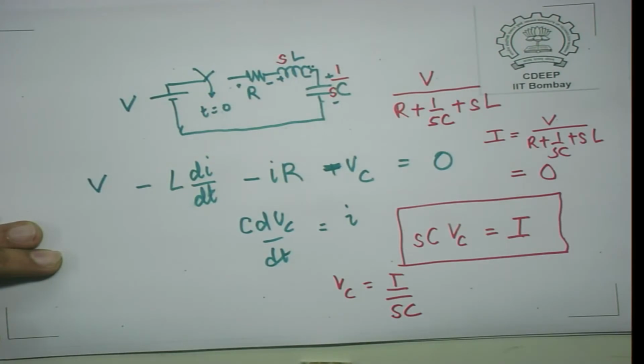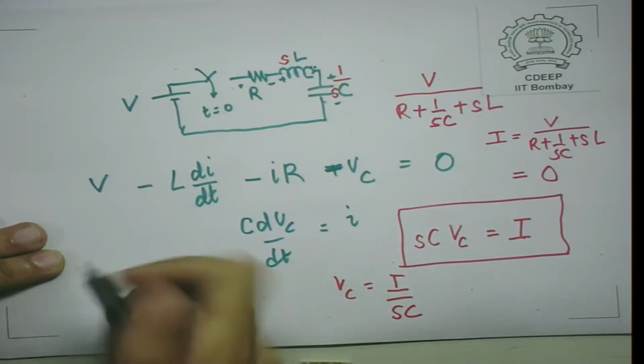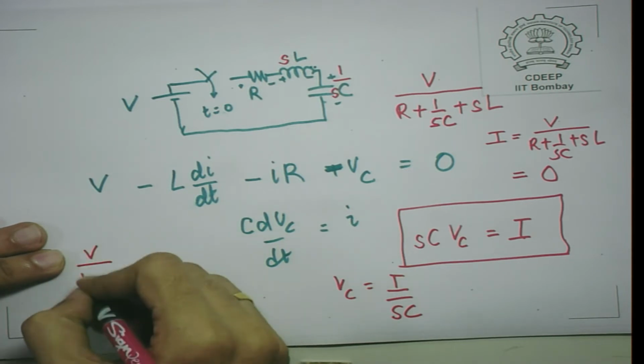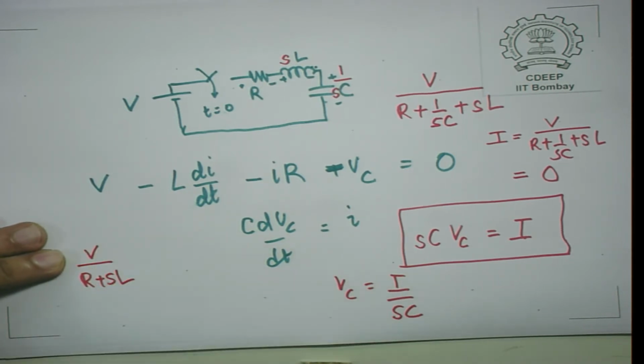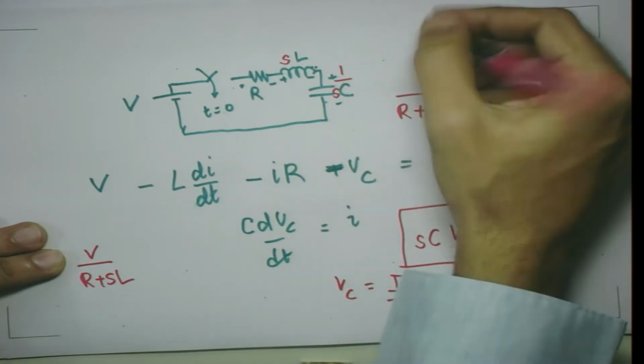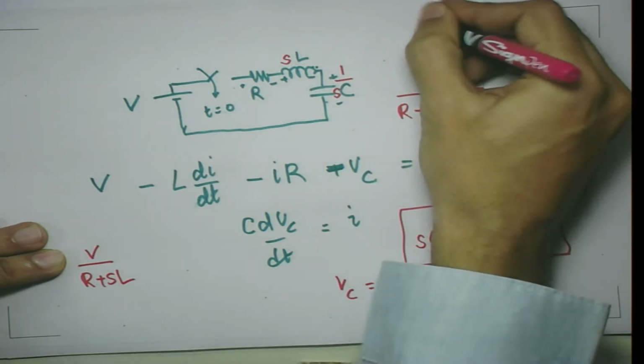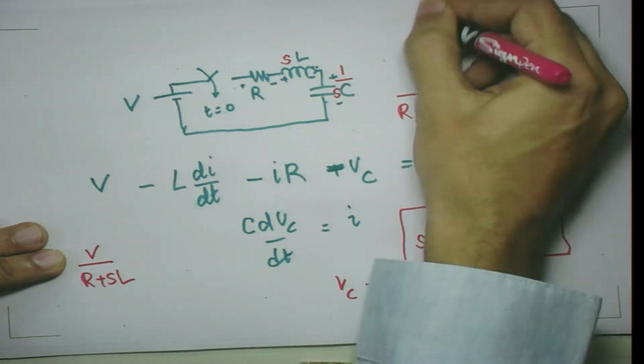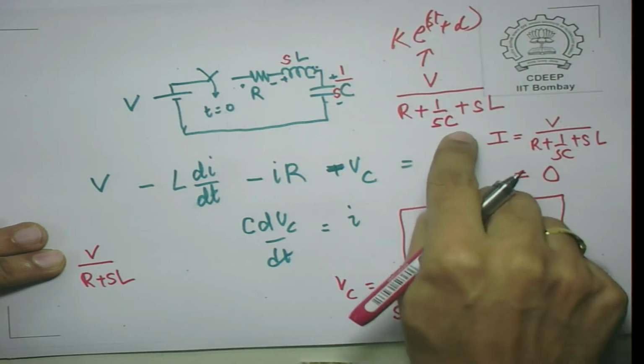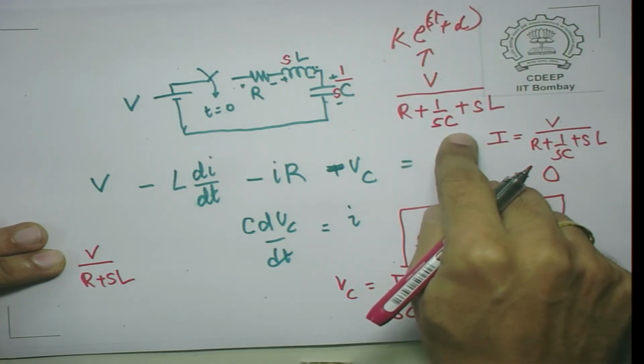Interestingly enough, here also you will have a natural response, and as I told you before, the roots of the denominator of this equation, surprisingly enough, give you some idea of how the natural response of this circuit is going to be. In case of the RL circuit, we had something like this. So, if V is an input e raised to st plus alpha, this is the steady state output.